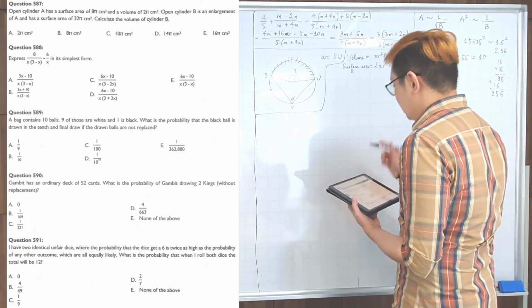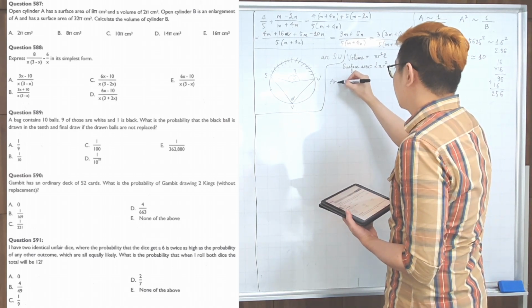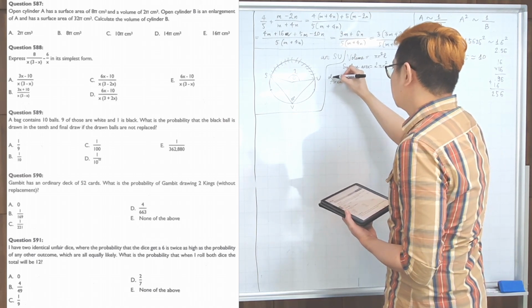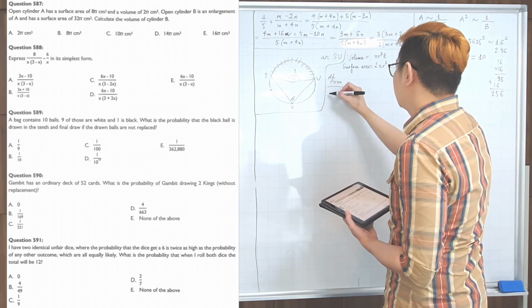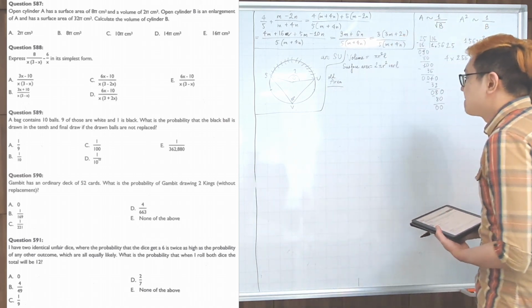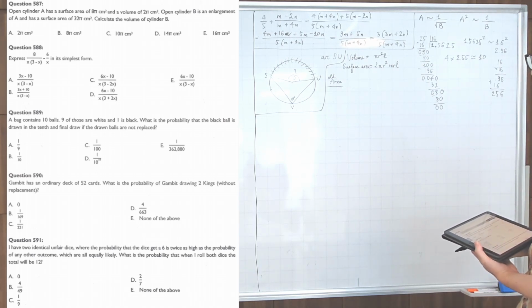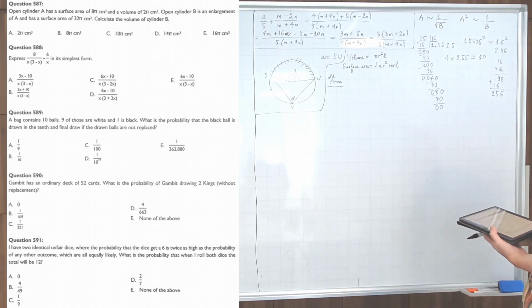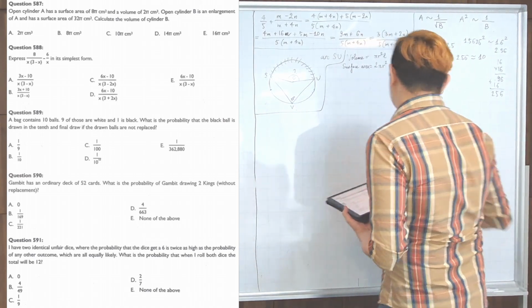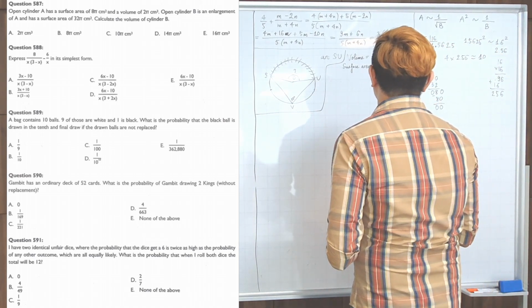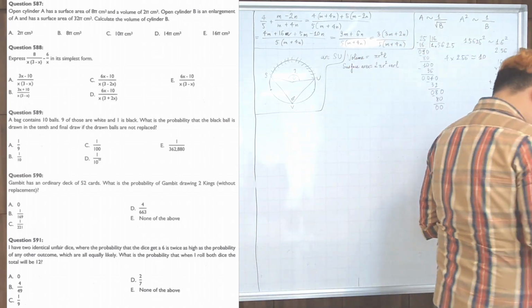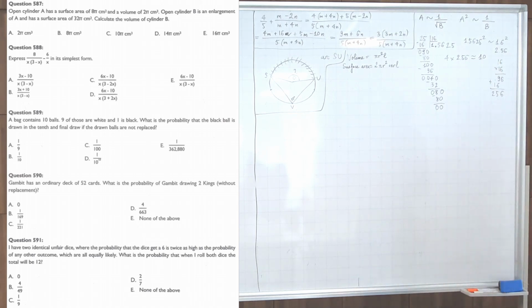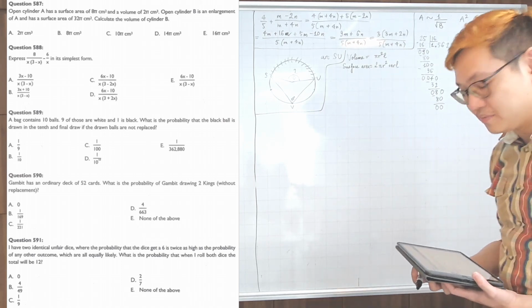Let's say the old area divided by the new. The difference between the area and the volume when it gets bigger: really, they do not keep a ratio. The ratio between the area and volume will not remain the same.